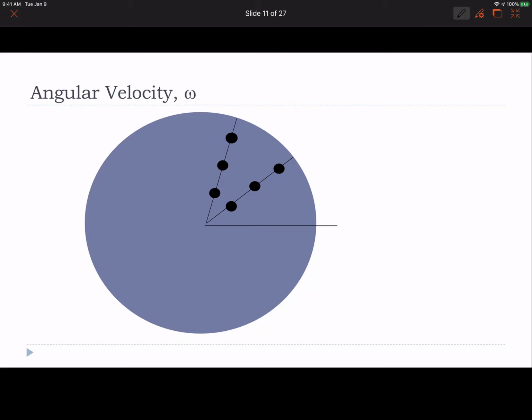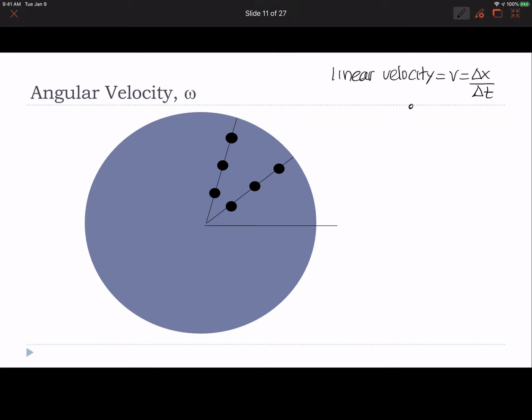So if we have this angular displacement, we can also define something called angular velocity. If we go back to our definition of just linear velocity, it is just a measure of the displacement over the time.